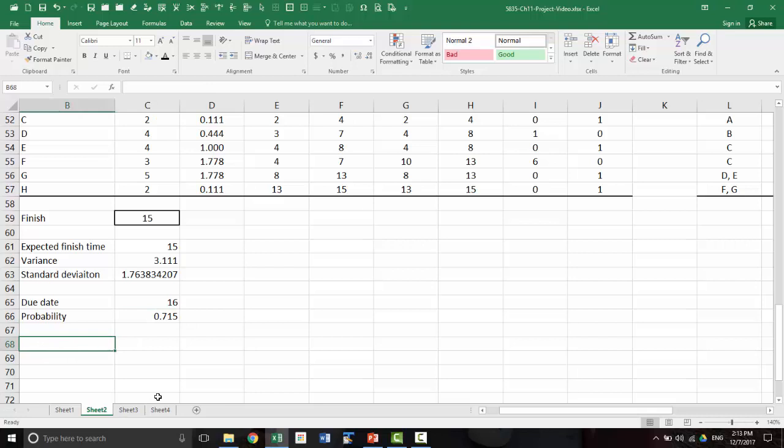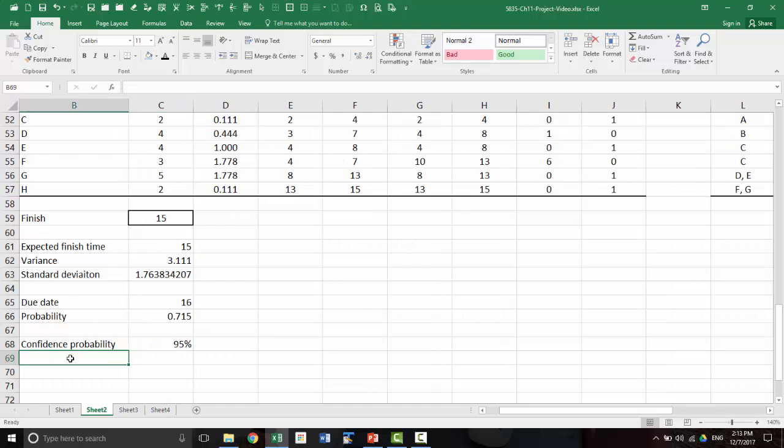Yeah. We can use the other way around. Suppose we want to set the due date for a confidence probability. Suppose we want to be confident at the 95% level, for example. Okay. Then what should be the due date for that? Okay.